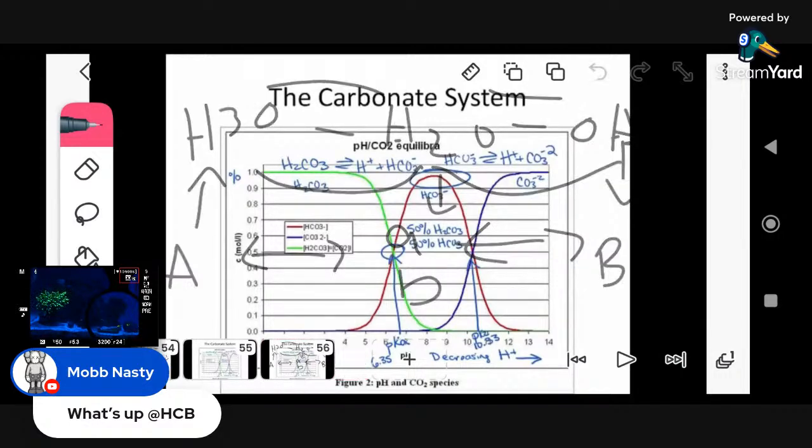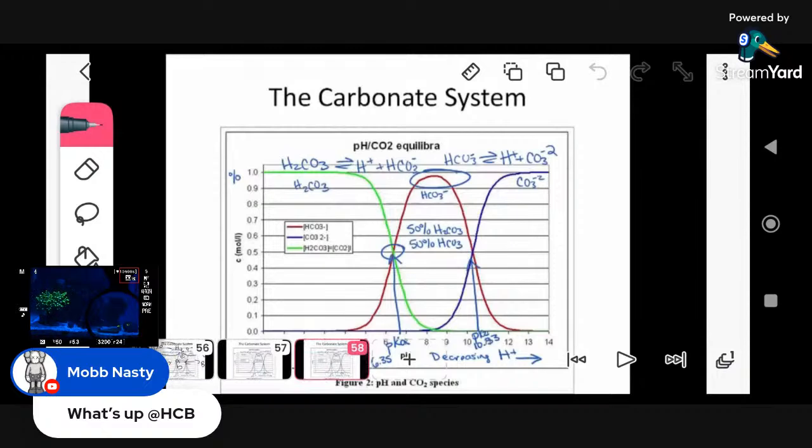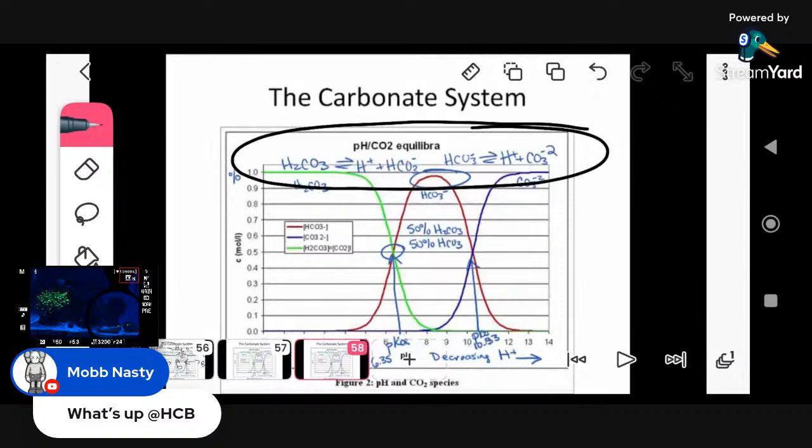Now, what does that have to do with the carbonate system? All right, so you see this equation right here? Whether you add acid or H3O or H plus or OH to the system, this one's either the acid or the base. This one's either the conjugate acid or the base.